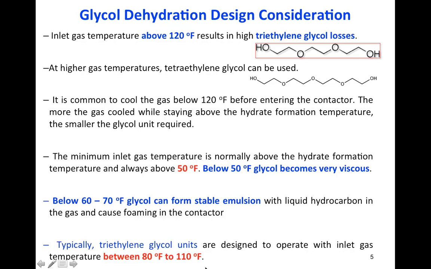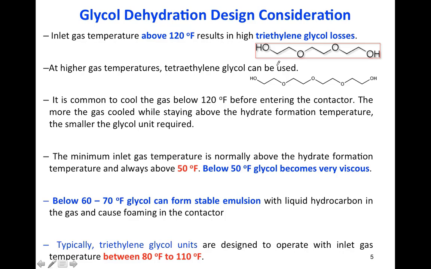Okay, so some consideration about the design of this process. We can have different types of glycol. Glycol is a type of alcohol, and the type depends on the number of oxygen or alcohol units connected together.